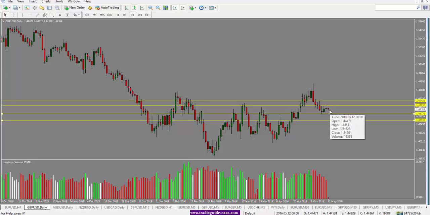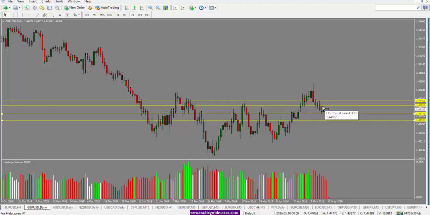We have the inflation number coming out, the MPC member board monetary policy and interest rate statement coming out tomorrow. The interest rate is not expected to change. However, the inflation numbers could have a big impact on what the pound does. If the inflation is negative, we will see the pound drop. However, if we see a positive number for the inflation, we could see the pound go up from here.